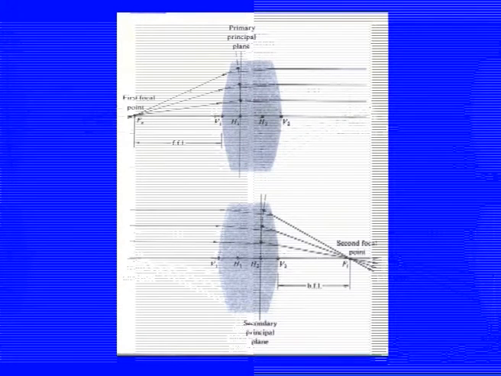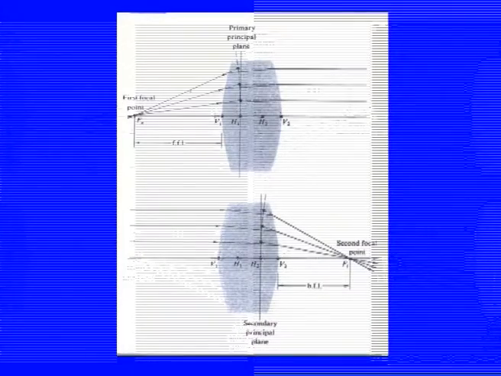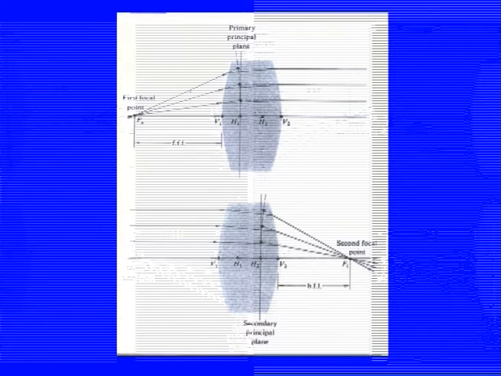Similarly, in the second figure, the parallel rays after refraction are focused to the second focal point, but the point of intersection of the incident parallel rays and the refracted rays which are getting focused at the second focal point does not lie on a plane surface; that surface is curved.